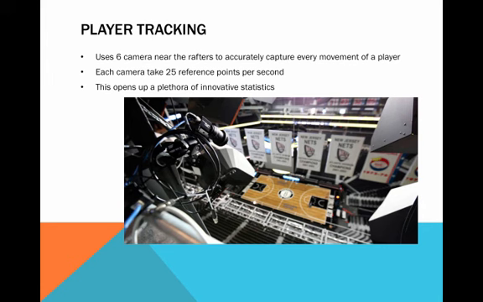This opens up a plethora of innovative statistics that we can now use. Some examples are how much the person ran the whole game, how fast he ran, player spacing, how far he traveled the whole game, how many touches he had, how many passes he threw.